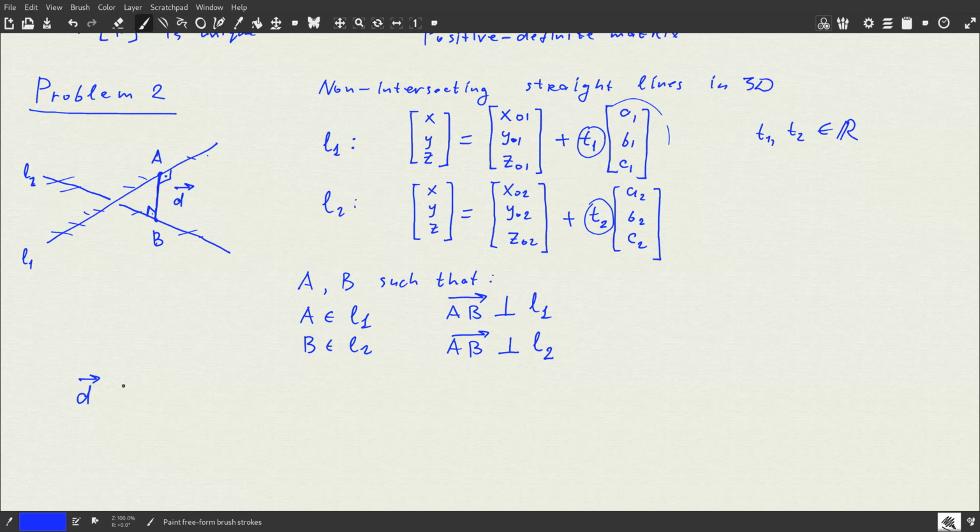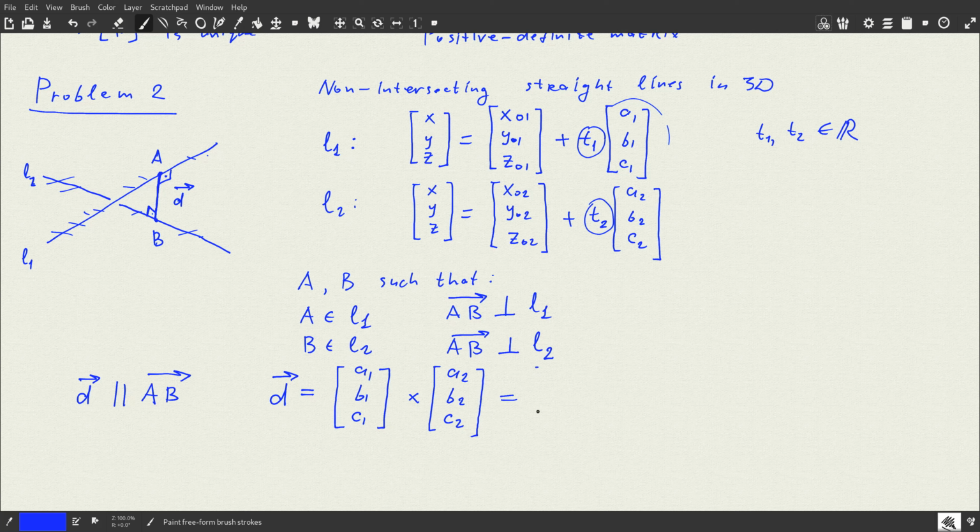It is a vector which is collinear with AB. But in that case, I can construct vector D as a cross product of (a1, b1, c1) and (a2, b2, c2). Let me denote this vector D just by convention as (a3, b3, c3). So once again, that's D.